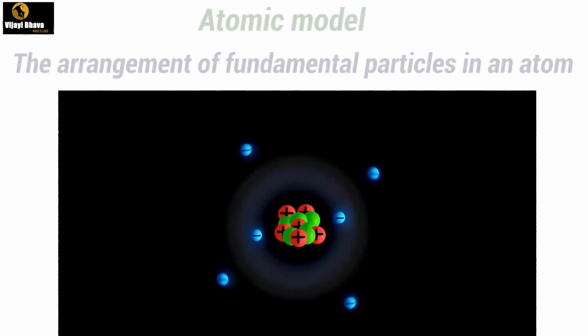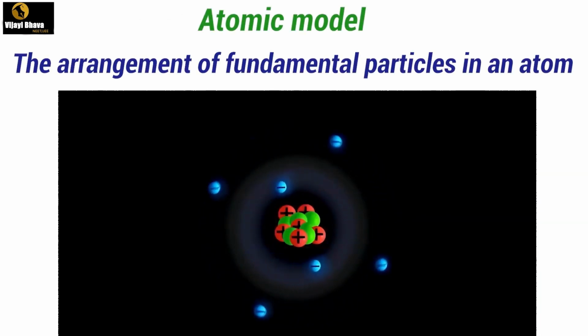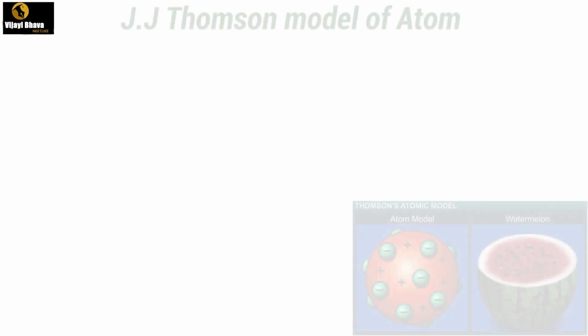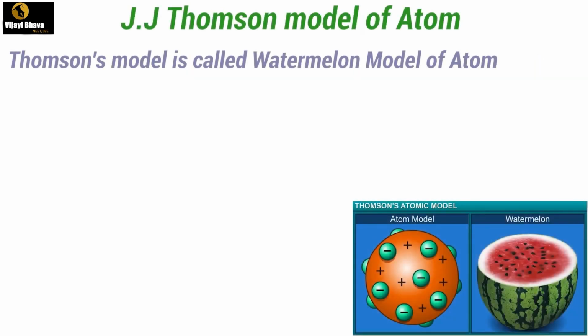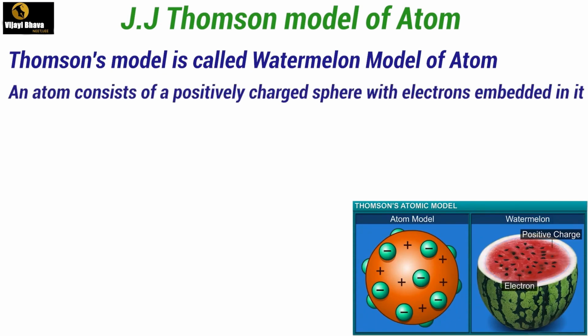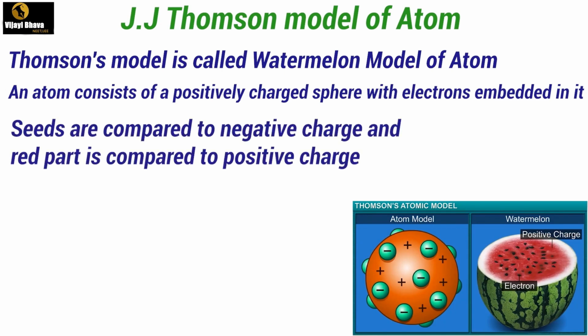Now let us learn what an atomic model is. The arrangement of fundamental particles in an atom is called an atomic model. The first model of the atom was put forward by J.J. Thomson and it is called the watermelon model. According to J.J. Thomson's atomic model, an atom consists of a positively charged sphere with electrons embedded in it, like the seeds in a watermelon.